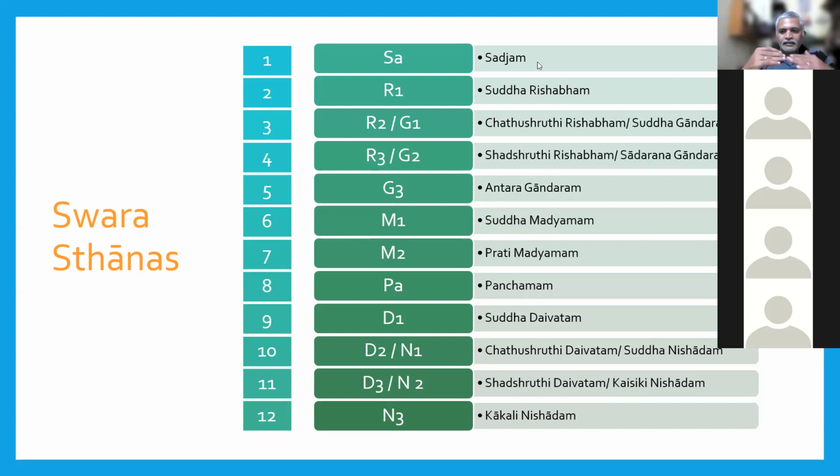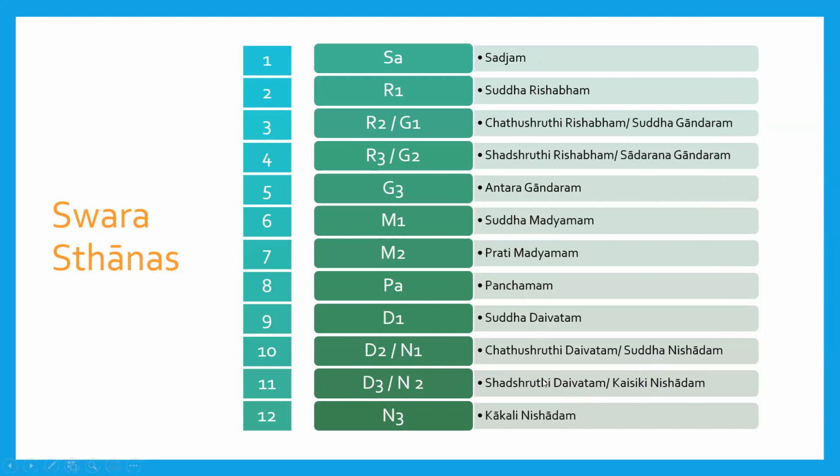Now, Chatushruti Daivatam shares the space with Shuddha Nishadam, just like how Rishabham shares space with Shuddha Gandharam. So you have Da2 and Ni1 sharing the space, Da3 and Ni2 sharing the same space. And here the name changes: it is not Sadharana Nishadam, it is Kaisiki Nishadam, and then Kakali Nishadam.